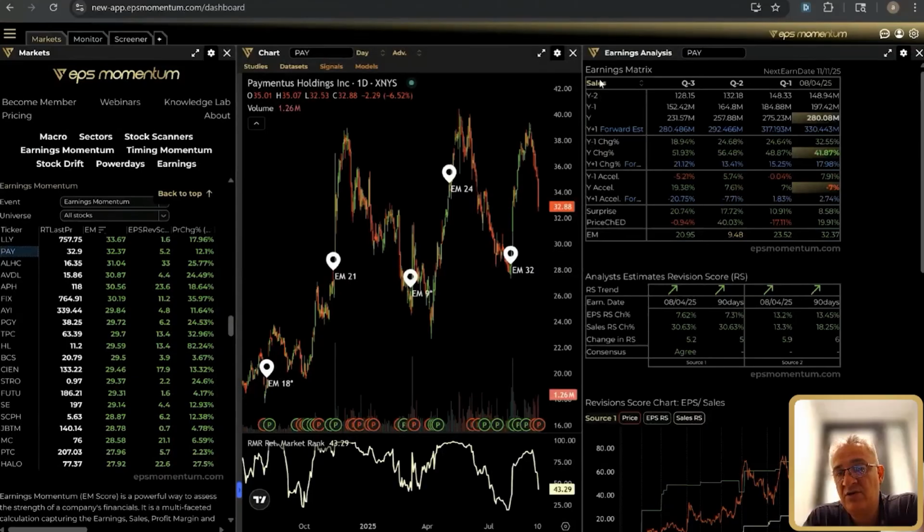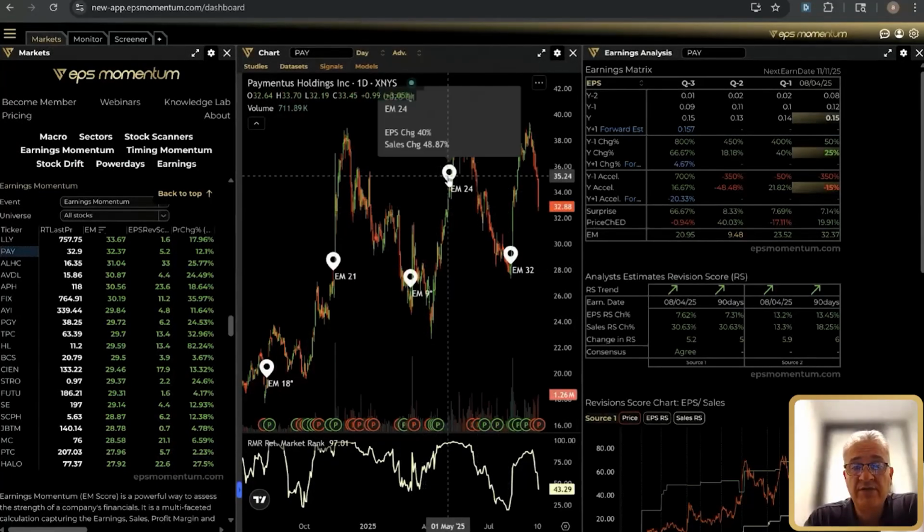This is sales. So the EM takes earning per share, sales, profit margin, and free cash flow, and computes the growth and the acceleration of all 4 of these variables and attributes scores or points to each of these variables to come up with a final score between -50 and +50, which you see on the chart here.